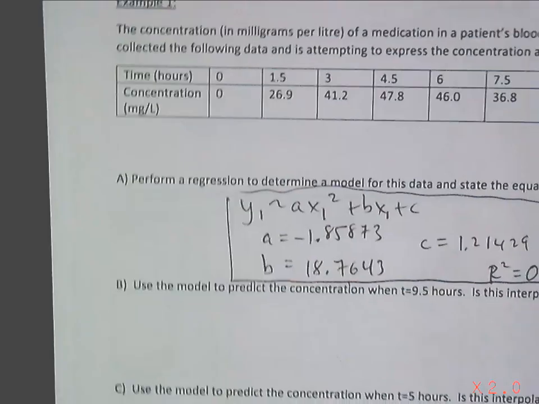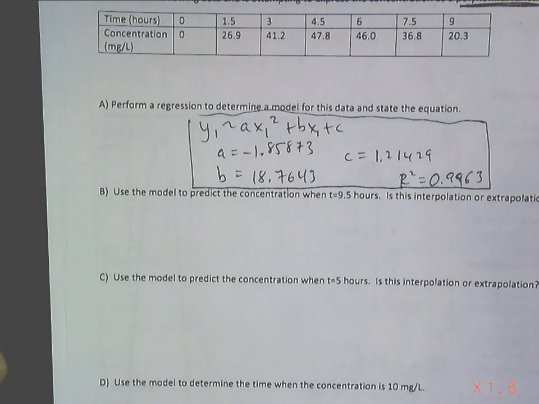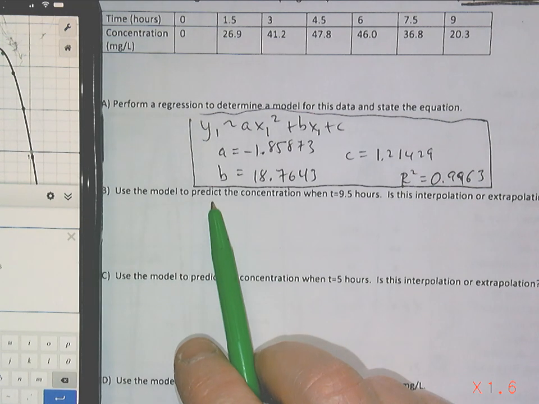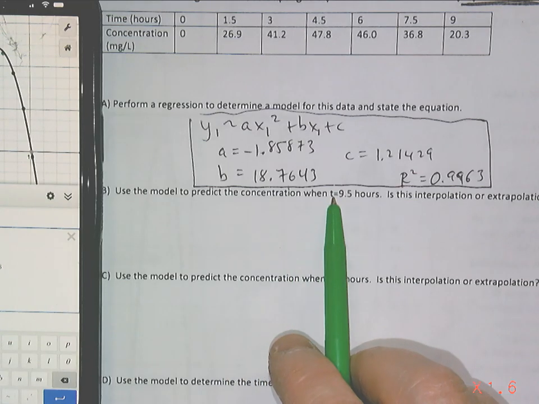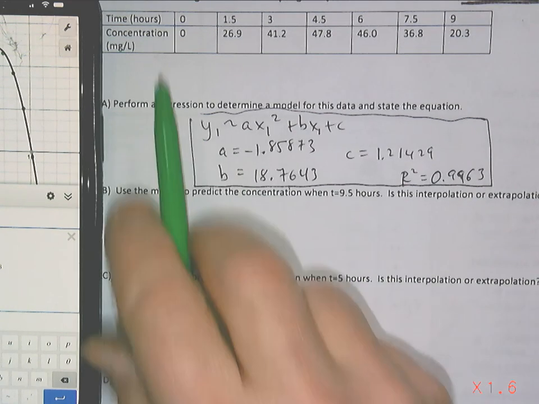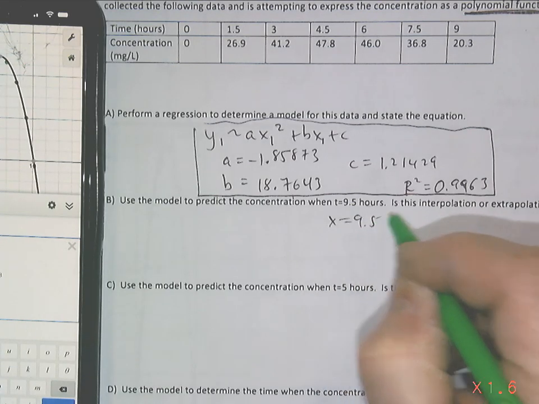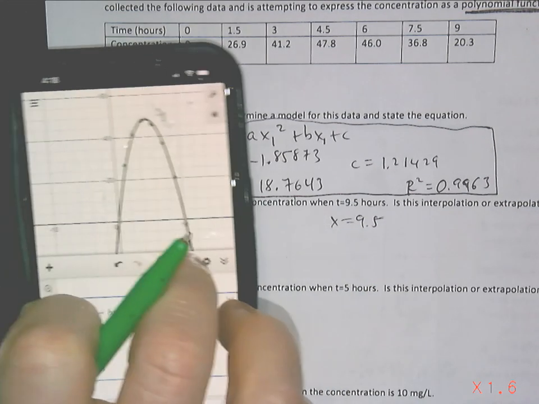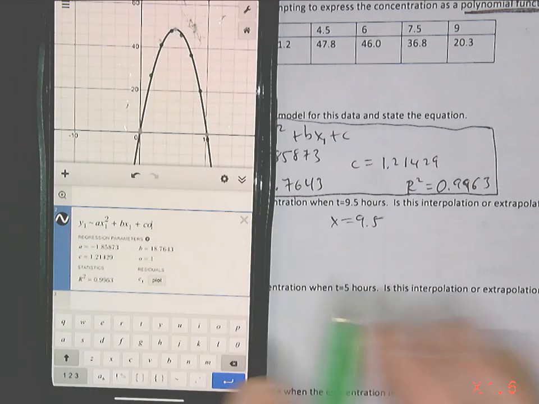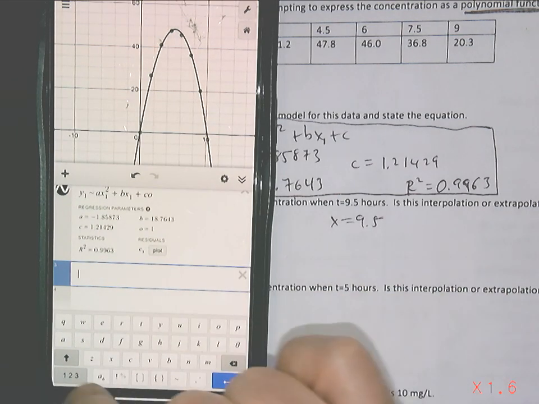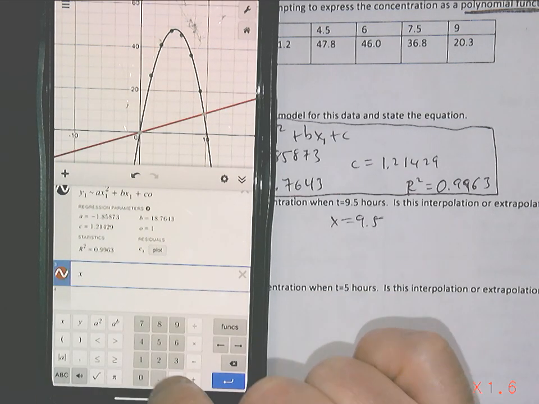Okay. Now, we're going to look at this picture. Use the model to predict the concentration when time is 9.5. Time is the x, so this would be x equals 9.5. I go down below my curve there to x equals 9.5.